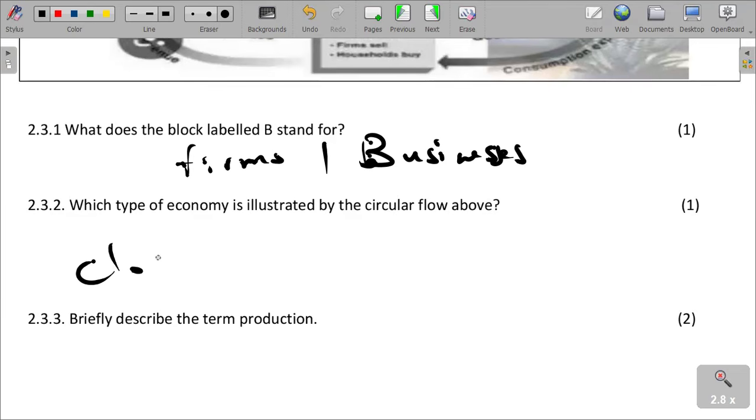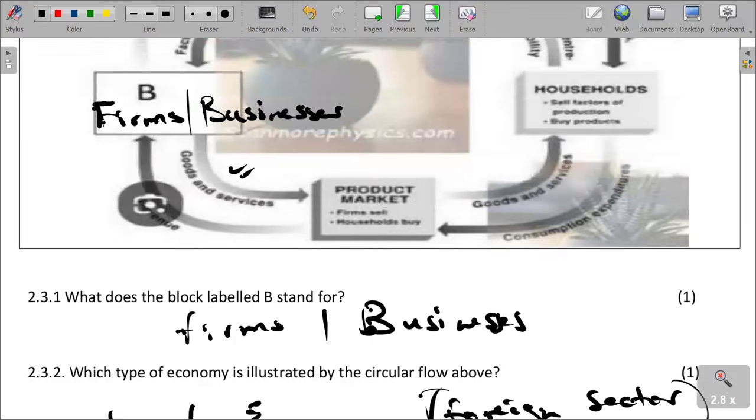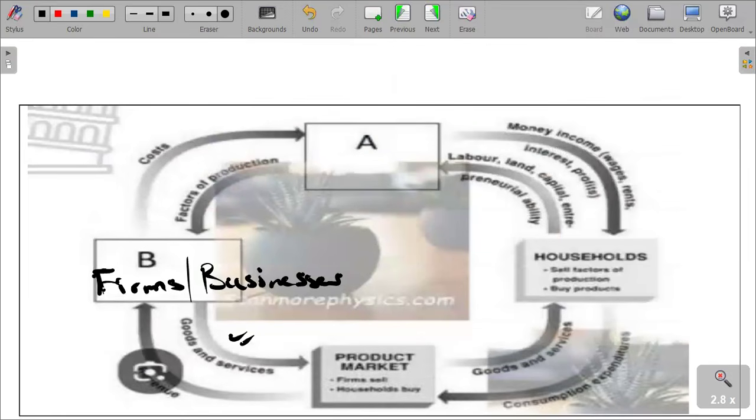The foreign sector is not present. So for that reason, we are saying it is a closed economy. This is a closed economy that is being shown in this case, class.